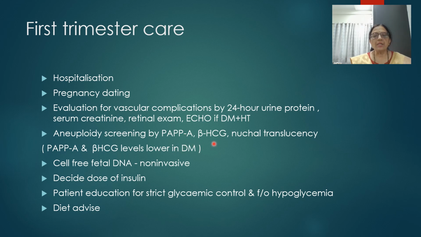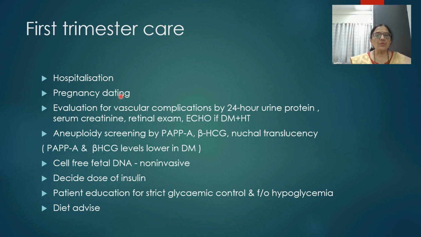Even if the result is at the upper limit of normal, we need to be more vigilant, and we have to see the nuchal translucency, which is not affected by diabetes. Cell-free fetal DNA will be helpful in these women, which is a non-invasive test for fetal aneuploidy screening.